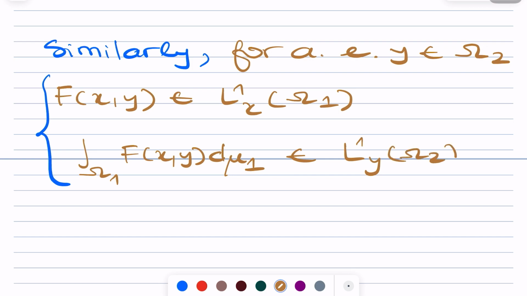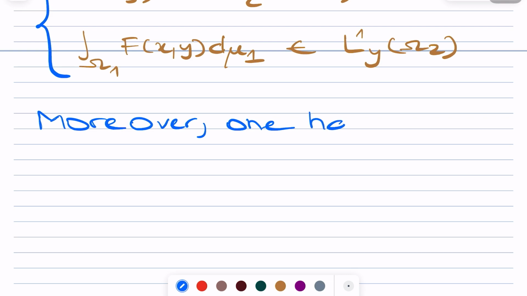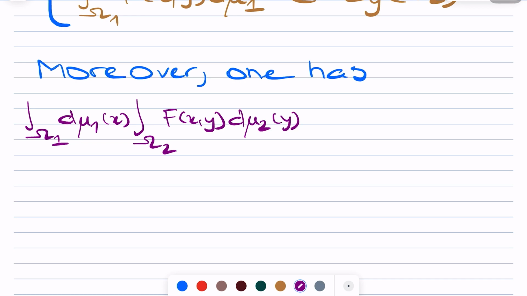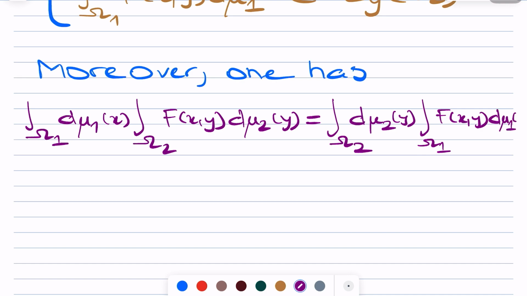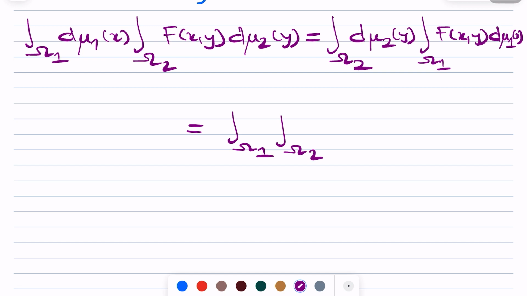Moreover, one has the integral over Omega 1 d mu 1 of x, of the integral over Omega 2 of f of x, y, d mu 2 of y, is equal to the integral over Omega 2 d mu 2 of y, of the integral over Omega 1 of f of x, y, d mu 1 of x, which is equal to the integral over Omega 1 cross Omega 2 of f of x, y, d mu 1 of x d mu 2 of y.